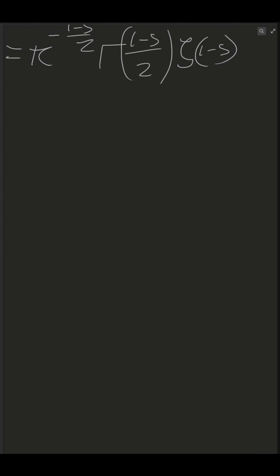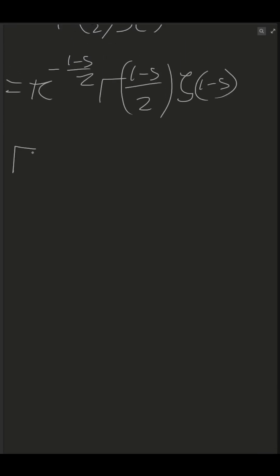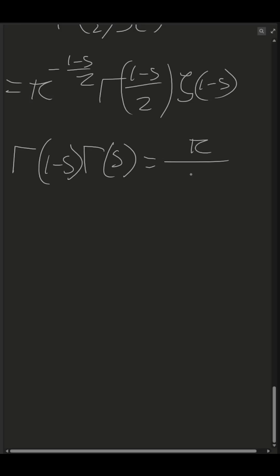But what we can say via those two is that for the gamma function of 1 minus s times the gamma function of s, we should end up with pi over sine pi s.